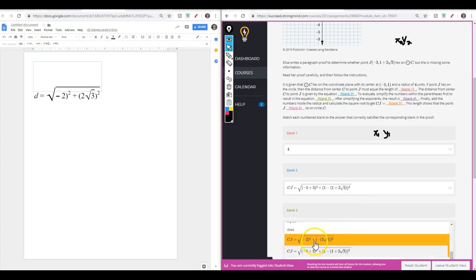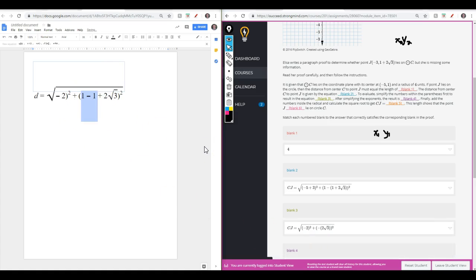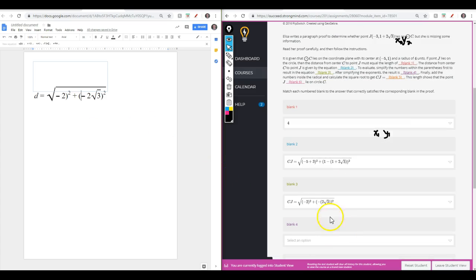It would look like -2, and there would be a negative sign there, because this would be in parentheses, because this is one whole number. So this would actually be 1 minus 1 minus 2 square roots of 3 after the distribution law. So 1 minus 1 is 0. Then we're left with minus 2 square roots of 3.